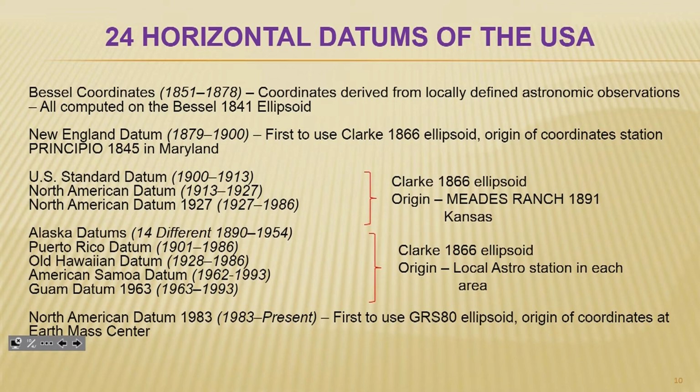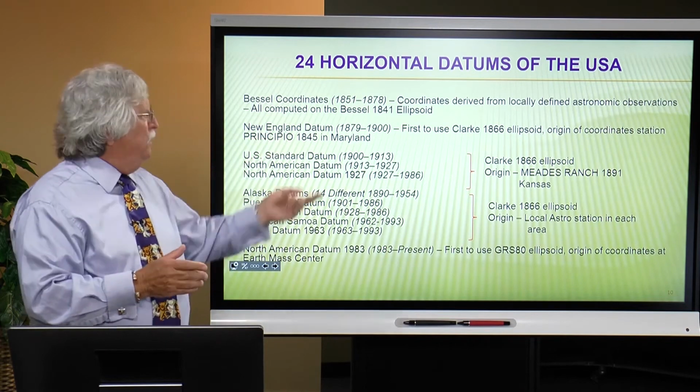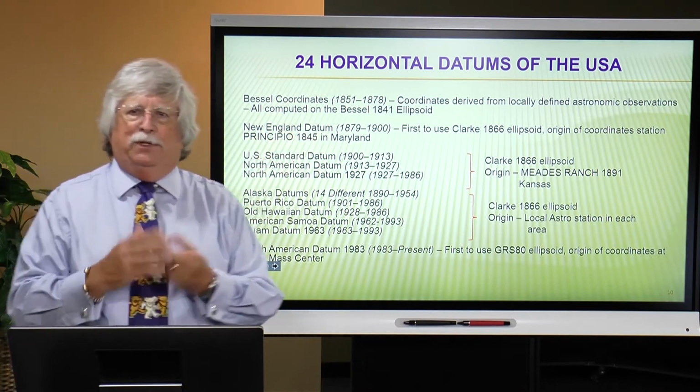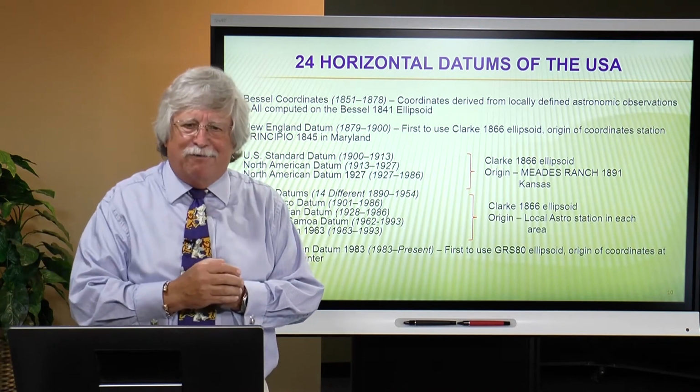So beginning in 1879 and lasting until 1900, they compute a local datum that says New England, but interesting enough, its origin, remember I talked about the origin for NAD 27 at a point out in a farmer's field in Kansas? Well, the origin point for the New England datum is a station called Principio, and it happens to be in Maryland. But the coordinates were never published in Maryland. Kind of an interesting artifact there.